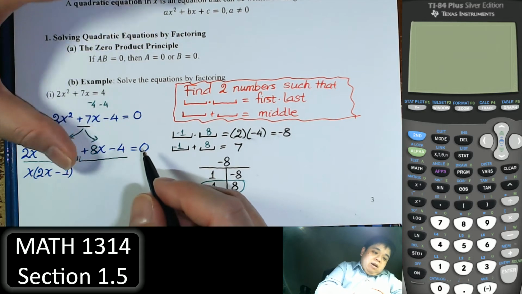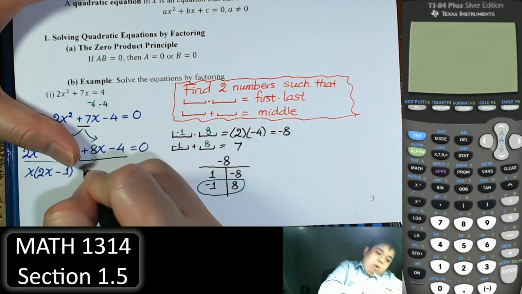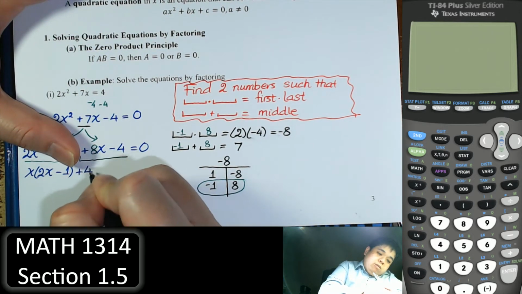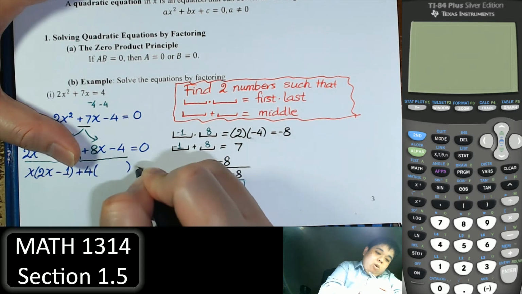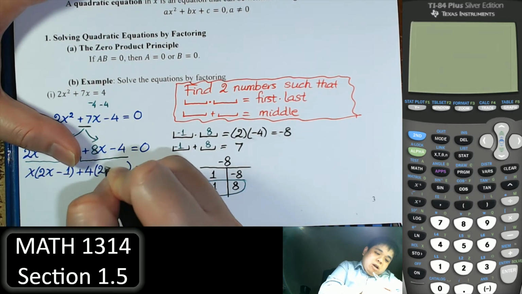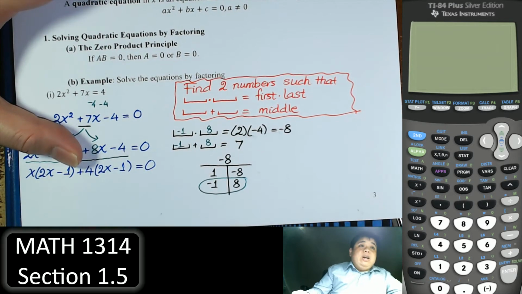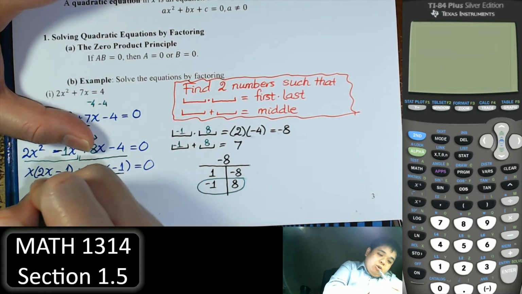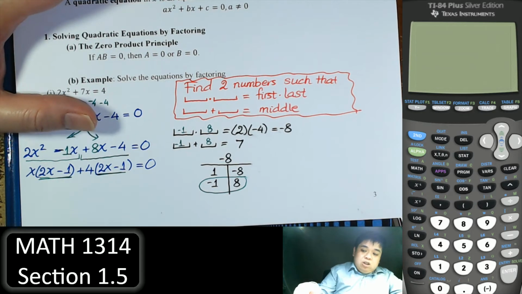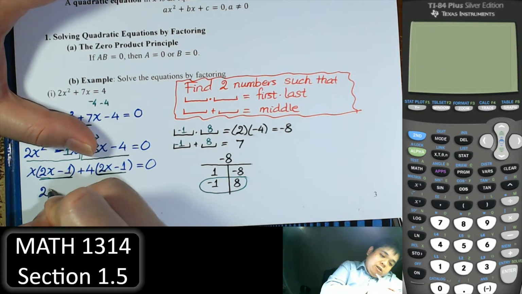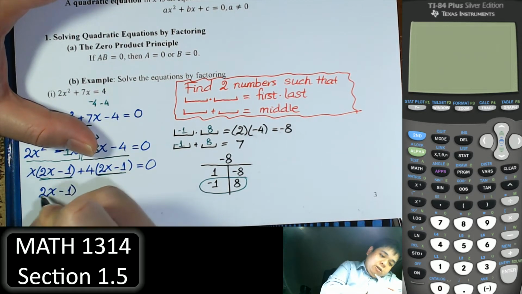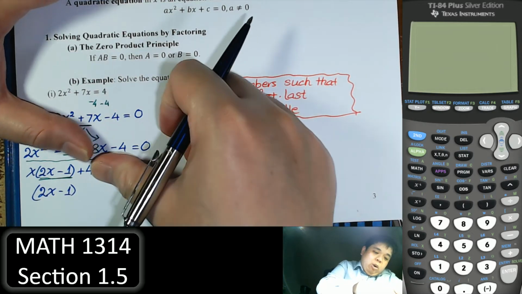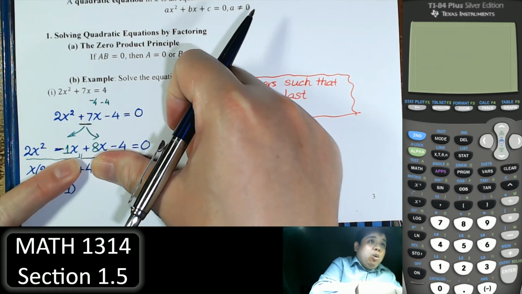And then 8x minus 4, they have 4 in common, positive 4. Factor out 4, we have 2x minus 1. Now, if everything works out perfectly, we should have a common factor. In this case, the common factor is 2x minus 1. When we factor out the common factor, we are left with x plus 4.